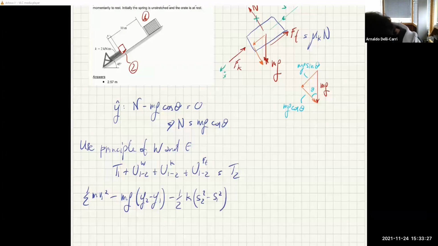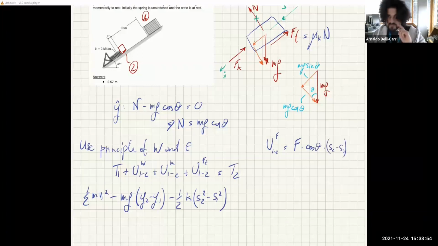And this one, we need to be very careful about this because this is the friction force. We know that the friction force is a constant force. So the work of a constant force is always equal to the force times the cosine of theta times the displacement S2 minus S1. So times whatever displacement it has undergone.